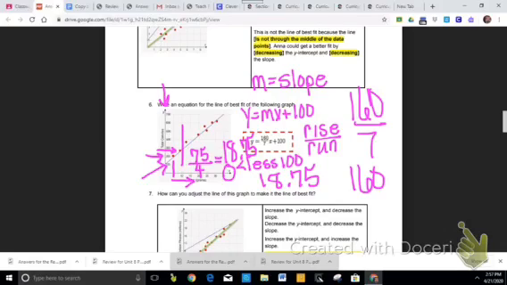So my slope would have to be 160 over 7, which is 22.85. So approximately 22.9, which is sort of close to 18.75, but is definitely not close to 160.